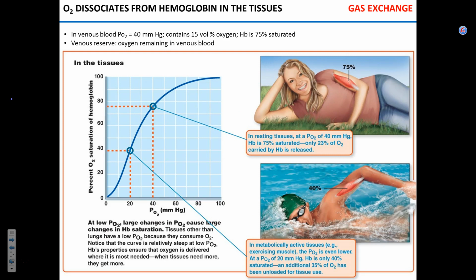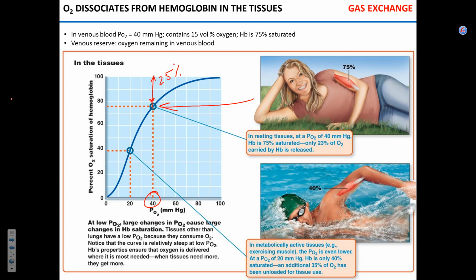Okay? Now, much more interesting is what happens when you start to exercise. So this lady over here, she's resting. So the partial pressure of oxygen in the tissues is 40, and the unloading is 25. You with me?